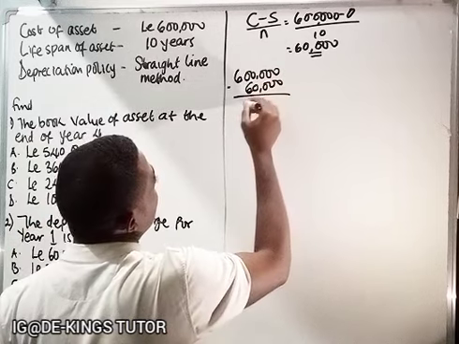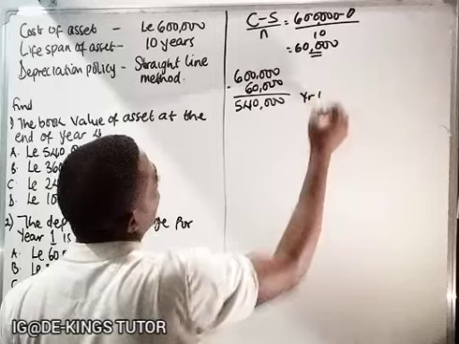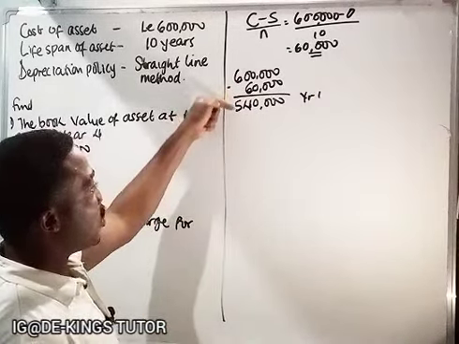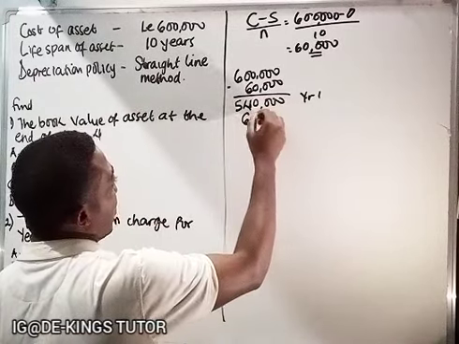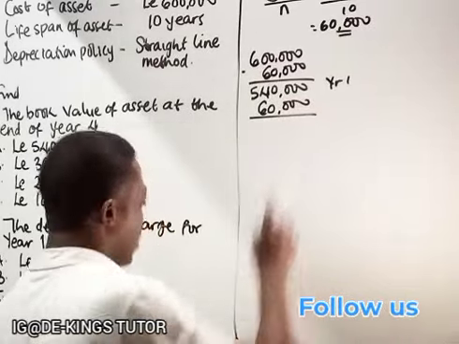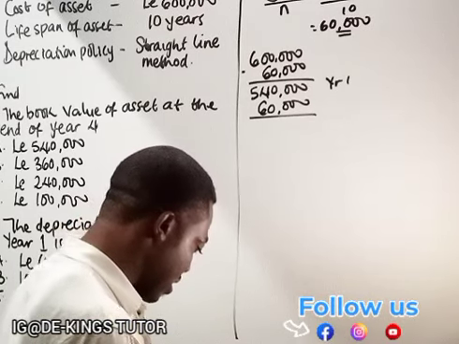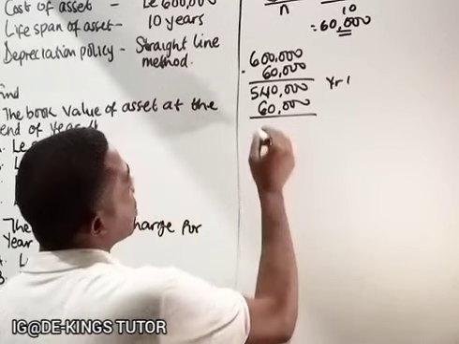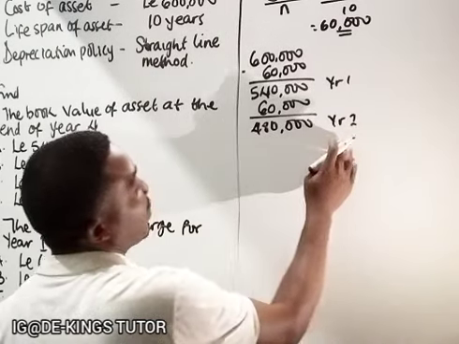So 600,000 minus 60,000 will give us 540,000, and this is the book value for year 1, the cost minus depreciation. Since it is straight line method, we go again, minus 60,000. So 540,000 minus 60,000 will give us 480,000. And this will be the book value for year 2.